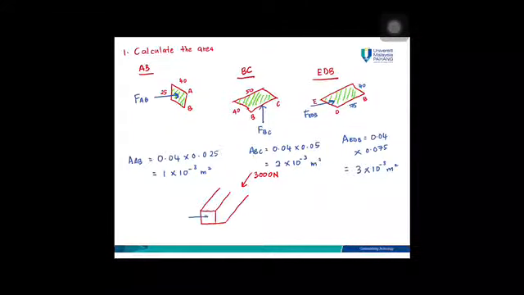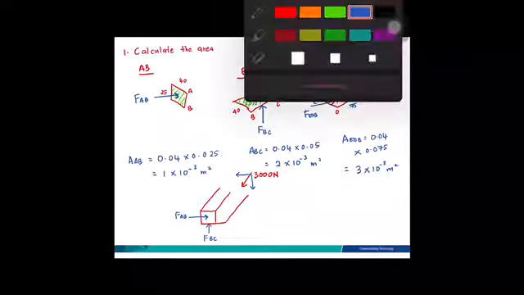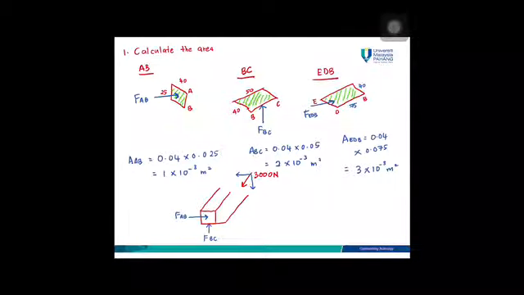Put back the forces. This one will be FAB, and this one will be FBC. And you know that the 3000 applied load is an inclined load, then resolve it into X and Y direction by using equilibrium equation.